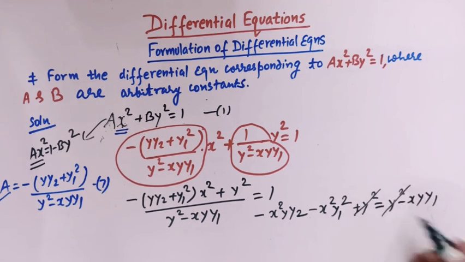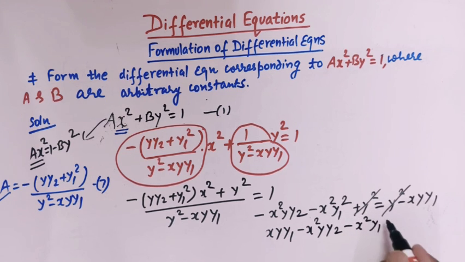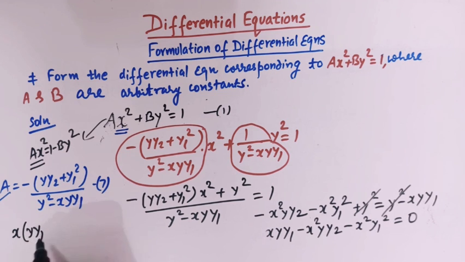Now y² and y² get cancelled, so taking this term to this side, we have x y y1 - x² y y2 - x² y1² = 0, right? Now taking x common, we'll have x(y y1 - x y y2 - x y1²) = 0.